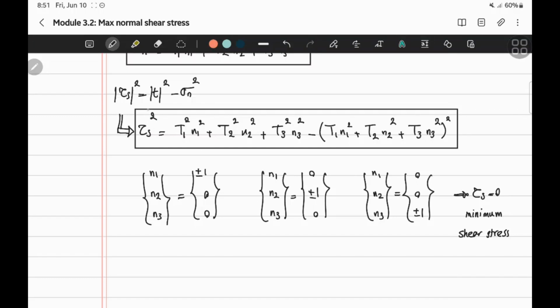So the minimum of tau s squared is definitely 0, and its maximum should be something positive. So that's why we say that tau s squared equal to 0 is the minimum, and therefore tau s equal to 0 is the minimum shear stress in here.